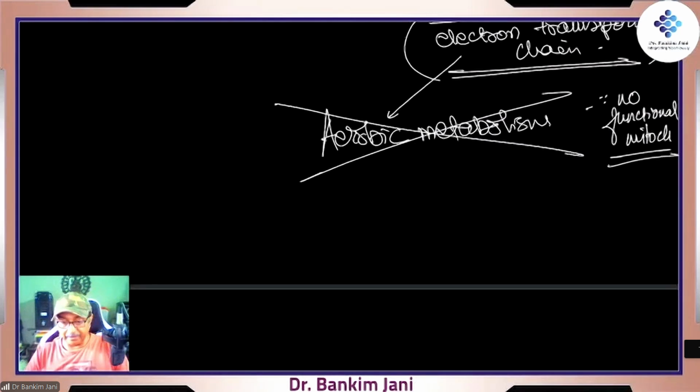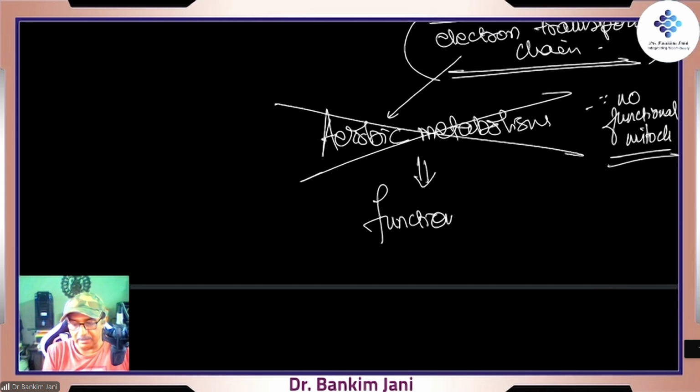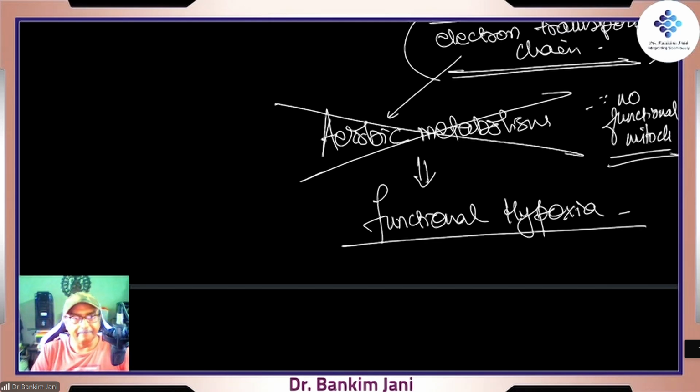Here, though there is air, it is not getting utilized. The mitochondria are not working, so no energy will be produced. That's why this is called functional hypoxia. And this is bad for the brain and heart, which are most affected.